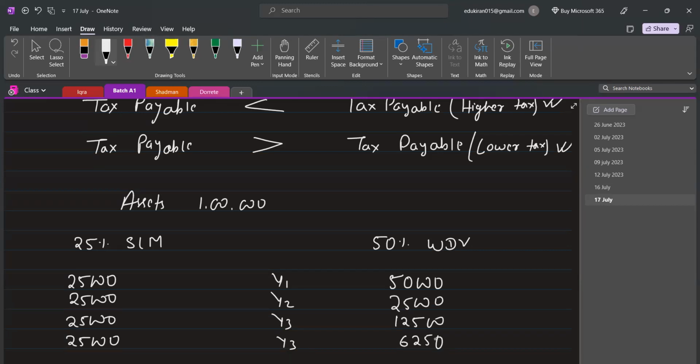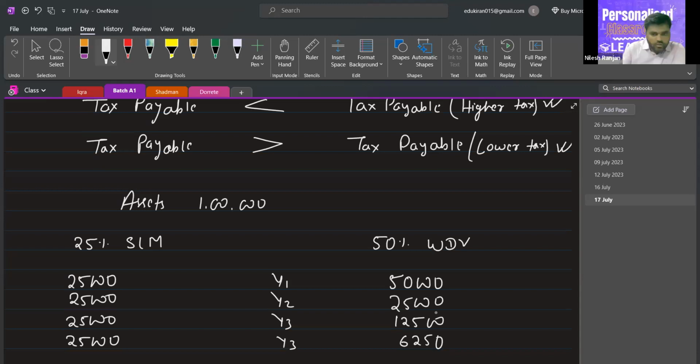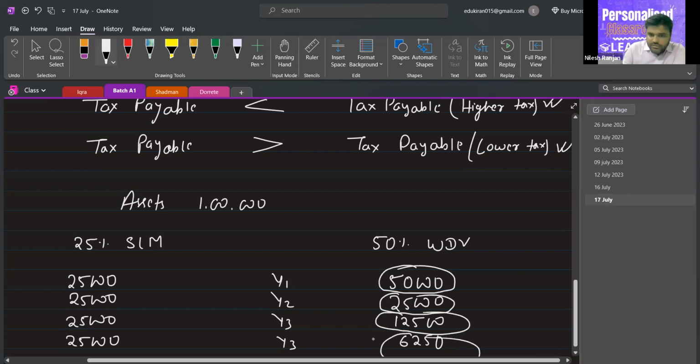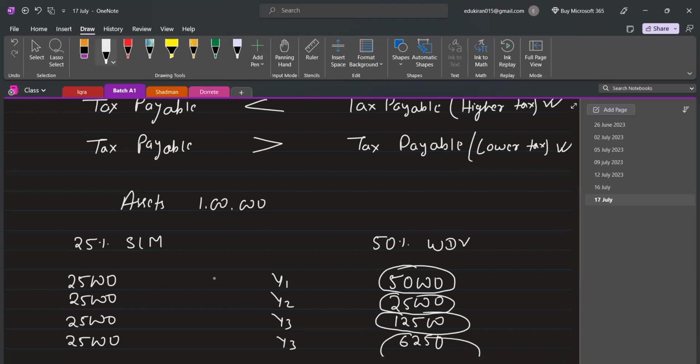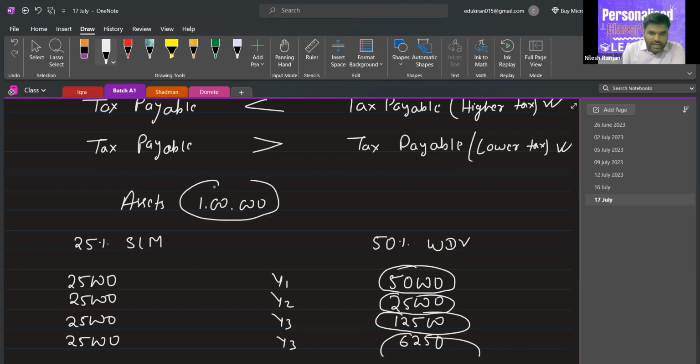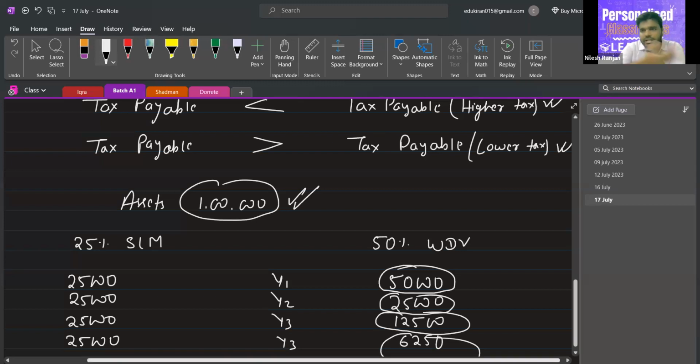Yes, sir. Now, if you see, we are charging higher depreciation in the Income Tax Act in the beginning only, but after that the depreciation is lower than the Companies Act. Yes, sir. Because total asset value is 1 lakh and we have to depreciate this amount over many years.